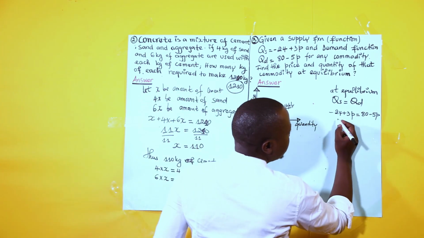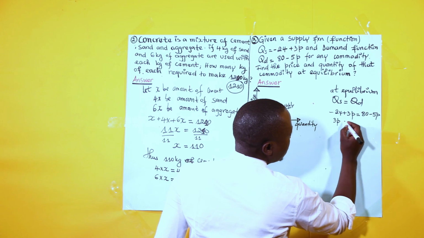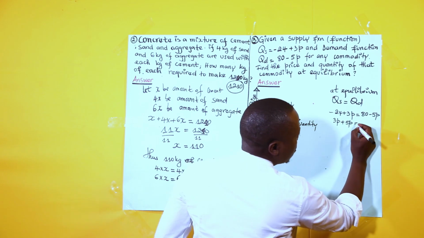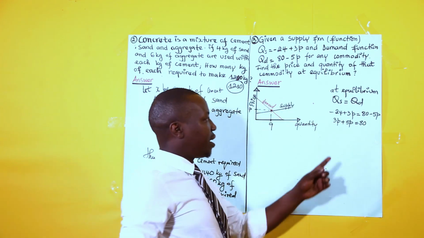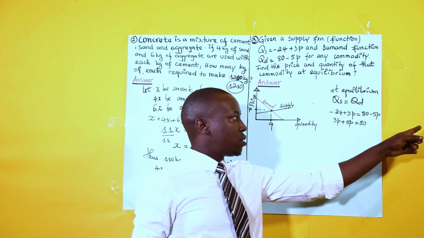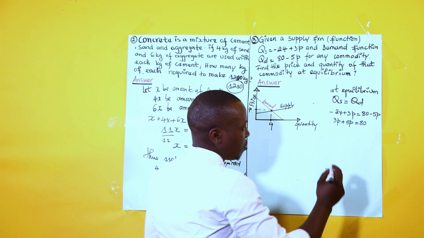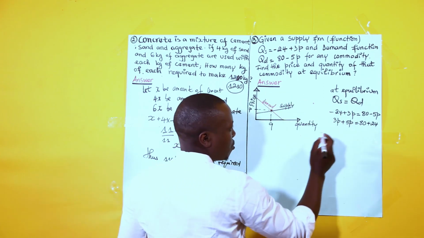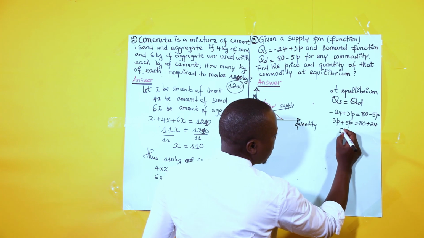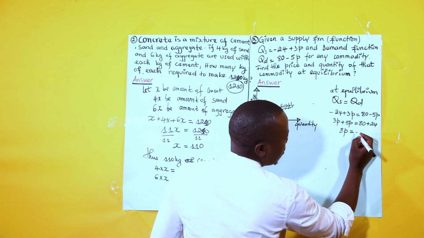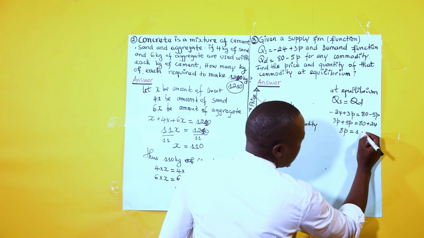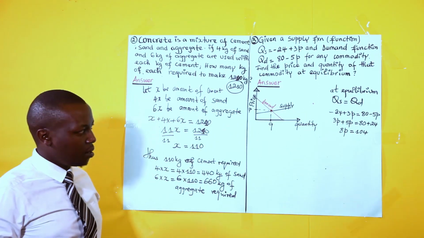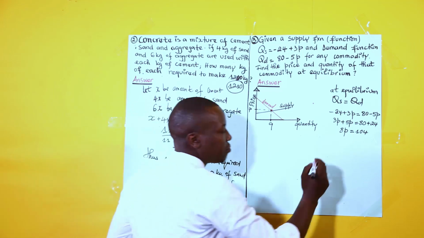It will be 3p plus 5p equals 80. Let us also take 24 to the right hand side, so it's going to be positive 24. Now, how many p? It is 8p, which gives us 104, isn't it?